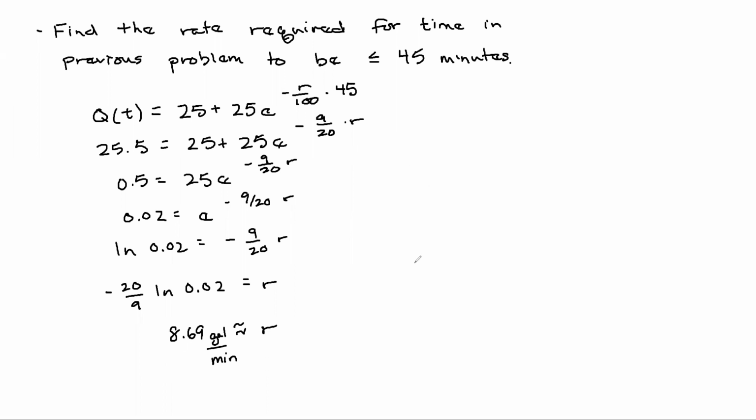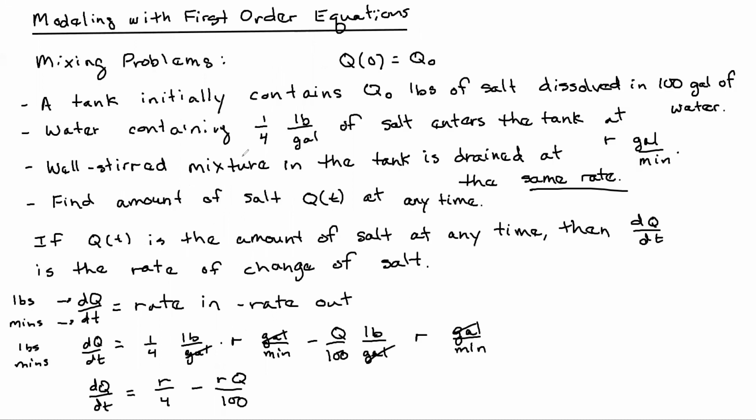And there you go. So that is an example mixing problem. We're going to do a second example next, but I want to comment on this example before we move on. This is a classic type of mixing problem, and the steps that we went through to solve it are very typical. If you try a similar problem, you just want to follow similar steps.